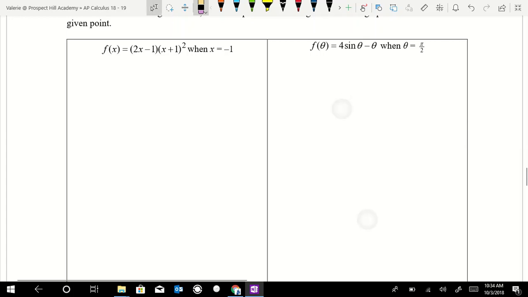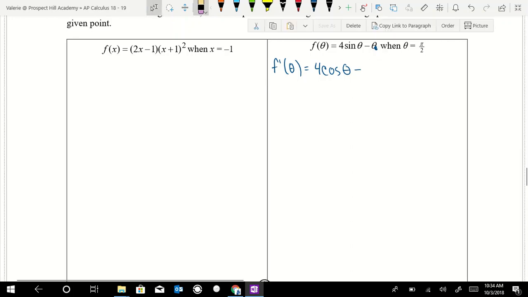So f prime of theta is going to be equal to 4 times whatever the derivative of sine is, and in this case, the derivative of sine is cosine, minus, and then the derivative of theta, in this case, our x is considered theta, so the derivative of x is just 1, right? So 1. So that's our derivative, and we'll use that to find our slope of a tangent line.